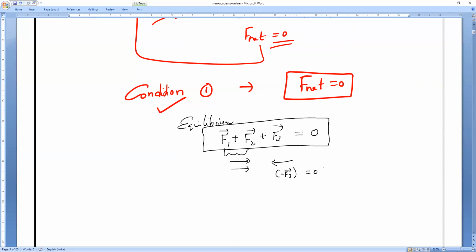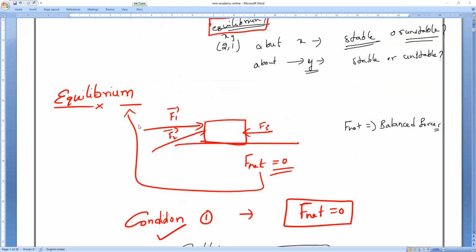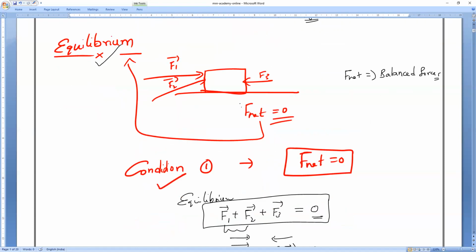Whatever it is, if I sum all the forces, the net resultant force becomes 0, which means the body is said to be in equilibrium. That is condition number 1. Of course, many conditions will come, but if you want to decide whether the body is in equilibrium or not, you should take that: if F net is equal to 0, then the body is in equilibrium.